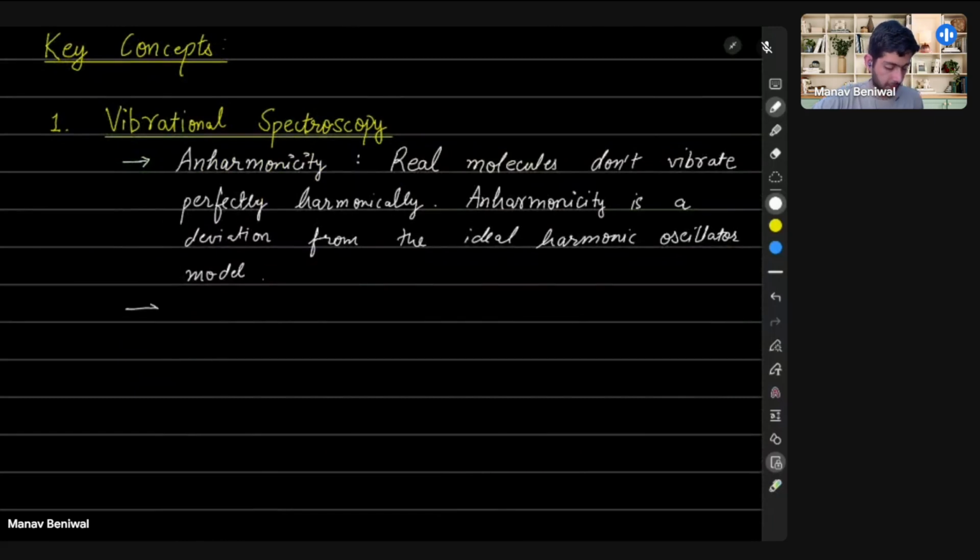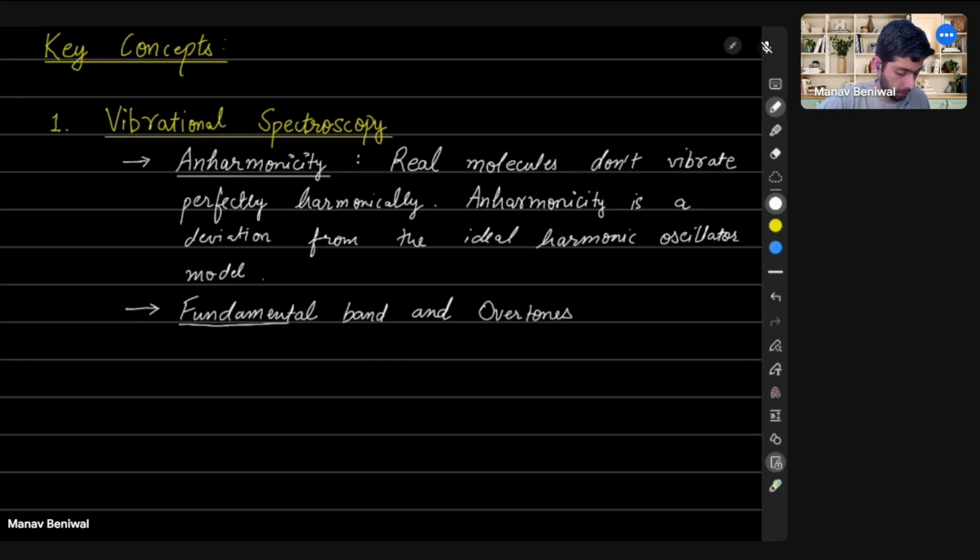Then the second thing that comes is fundamental bands and overtones. As we discussed, there are discrete energy levels and then there are transitions.